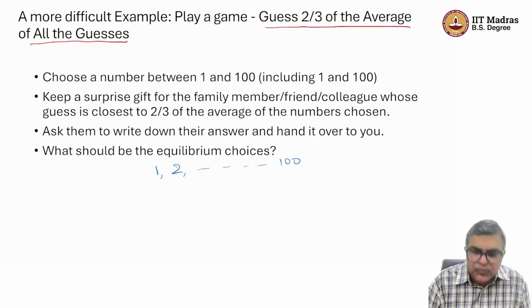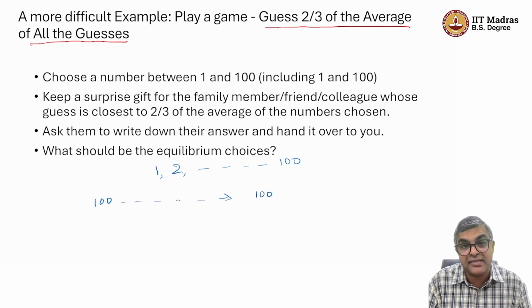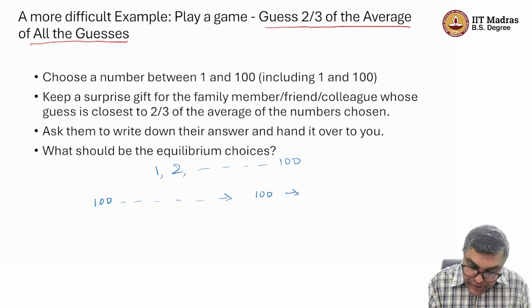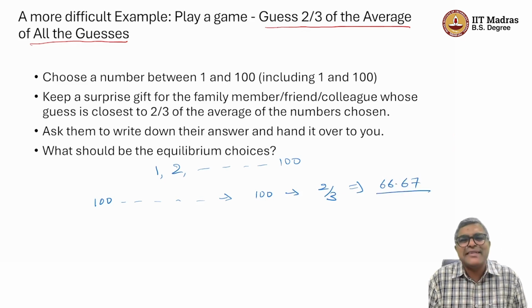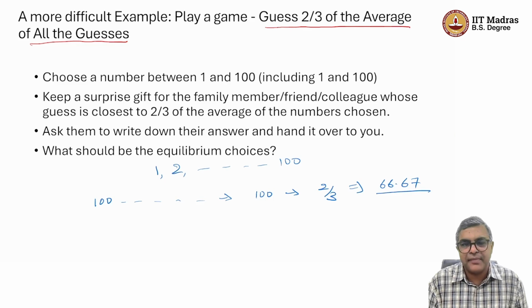Let us say, for example, one person argues that if everyone is guessing 100, how much is going to be the average? The average is going to be 100. If everyone guesses 100, the average is 100. How much is 2/3 of the average? It is 66.67.